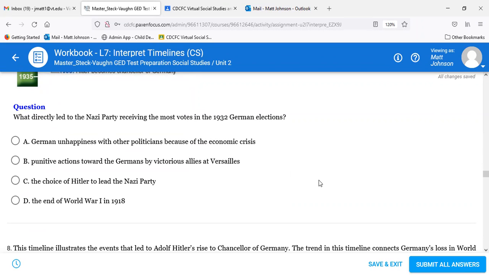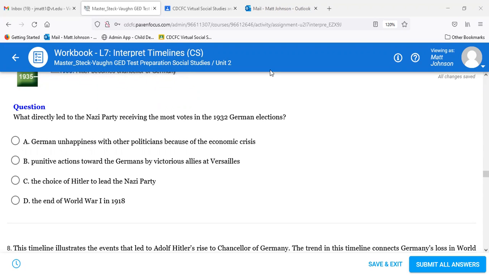What directly led to the Nazi Party receiving the most votes in the 1932 German elections? A. German unhappiness with other politicians because of the economic crisis.